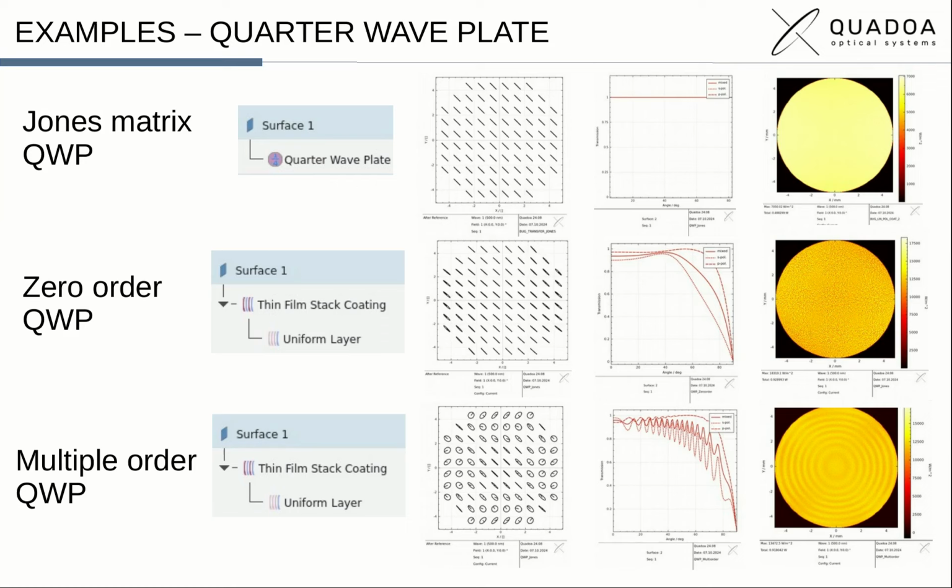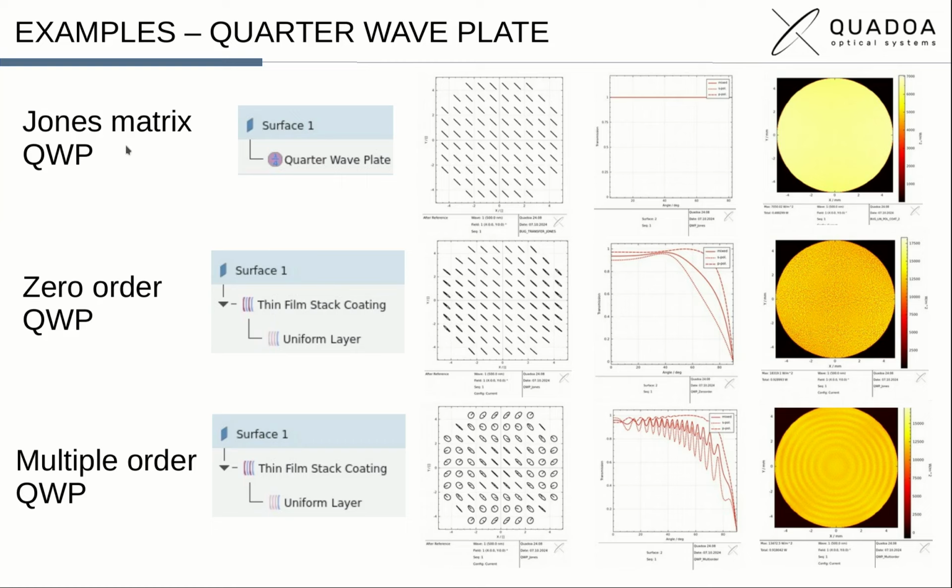The second example is a quarter wave plate that is hit by a diverging beam where the rays are circularly polarized. If we model this with a simple Jones matrix, then we can see that we get out perfectly linear polarized light and we get a uniform illumination. Depending on the projection method, we can also obtain different results.